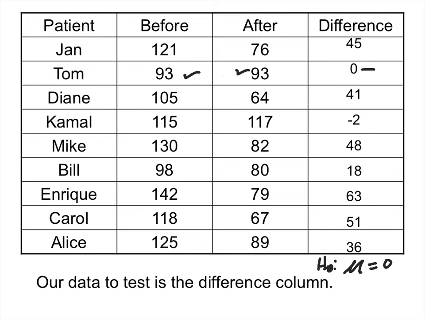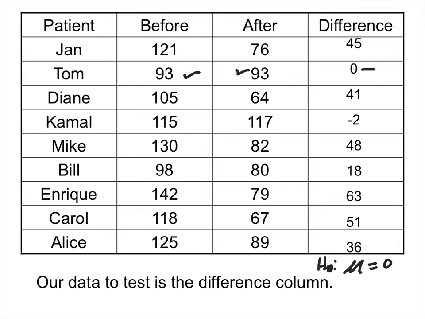The alternate hypothesis is either going to be a greater than, a less than, or not equal to. In this claim, we want to know specifically if the counseling reduced anxiety. Find an example where that worked.